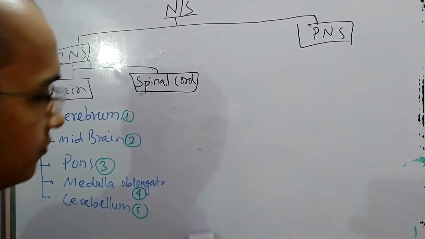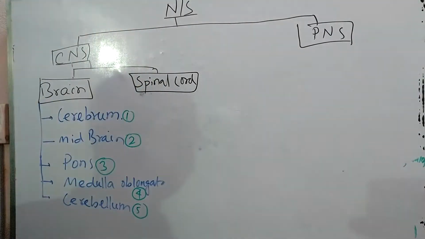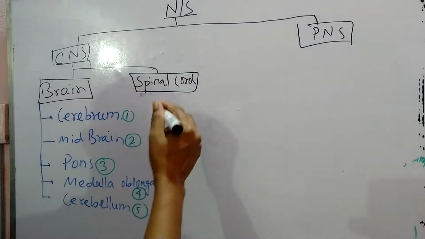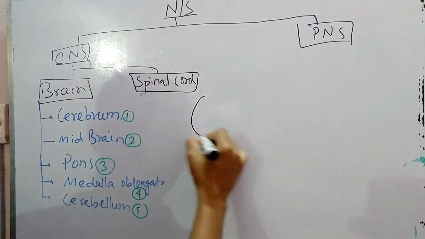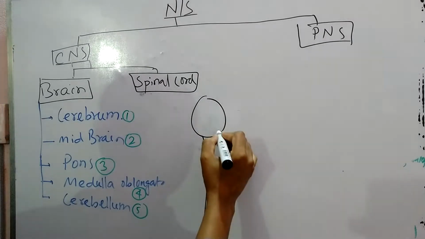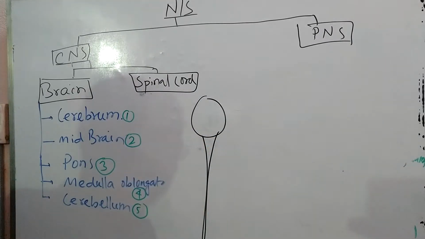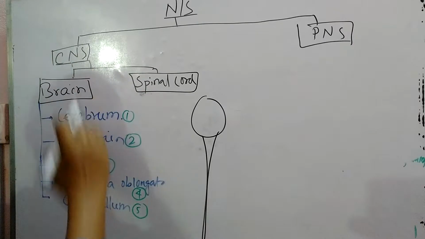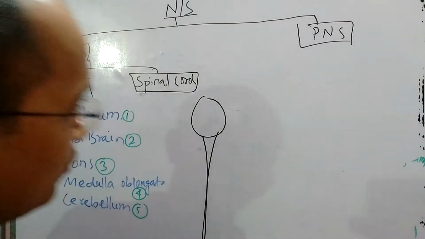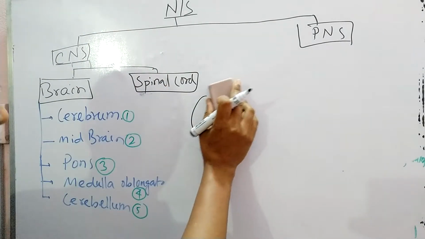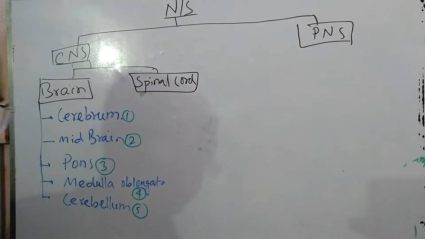Now, the spinal cord. The spinal cord is the downward projection from the brain of central nervous system. We will talk again about the spinal cord in detail.